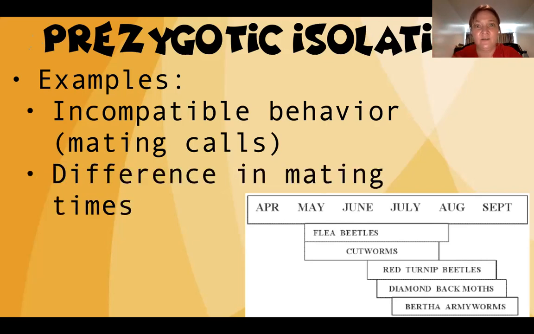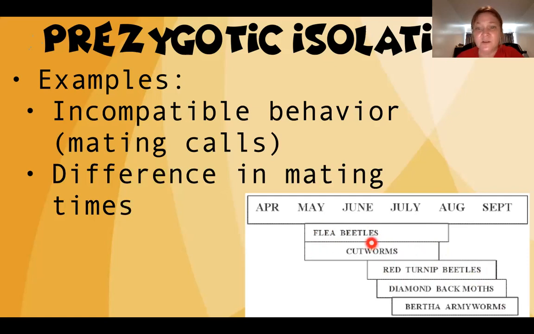You also have a difference in mating times. So in this picture I have here, you've got different times of the year, and you have these different insects. We'll just look at the beetles, right? So you've got flea beetles and red turnip beetles. They're both beetles. Hopefully you guys know what a beetle is.